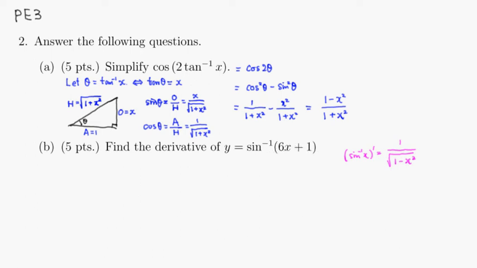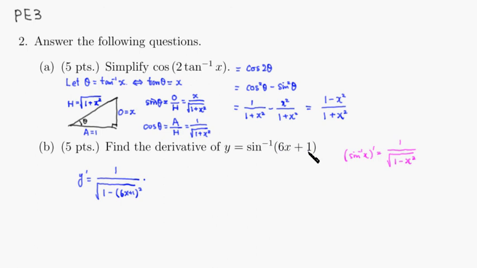The derivative is going to be y prime equal to, when you see x, we're going to put 6x plus 1 instead. So you have 1 over the square root of 1 minus quantity 6x plus 1 squared, multiplied by the derivative of the inside function.